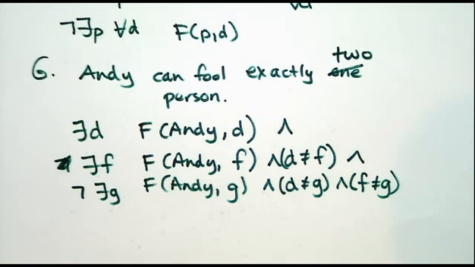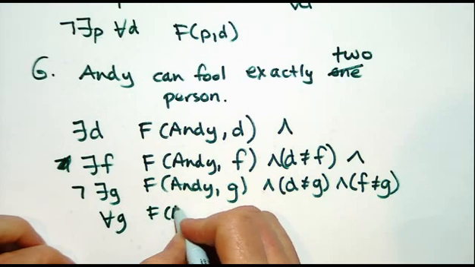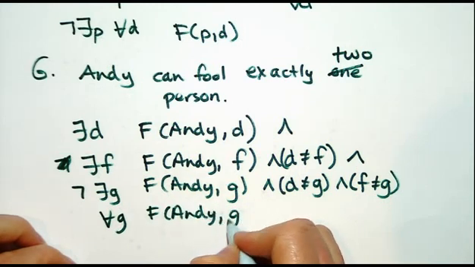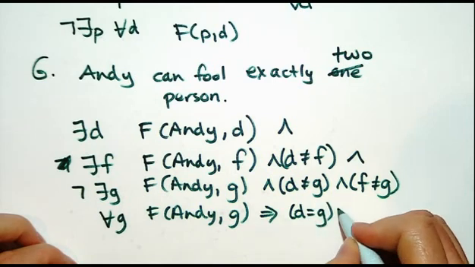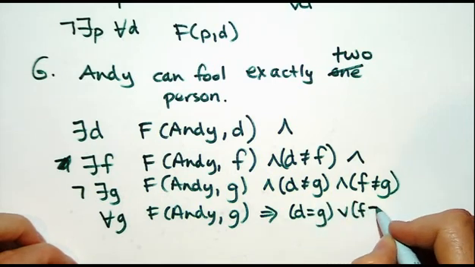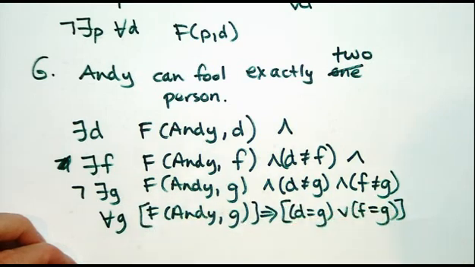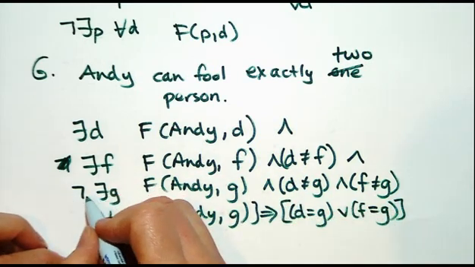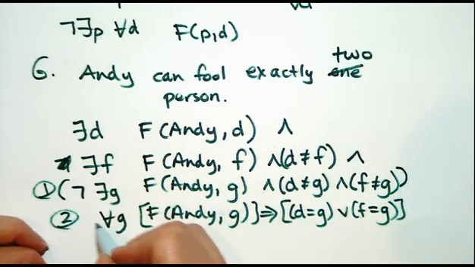The other way you can do it, if your brain works better that way, so this last statement can be rewritten to say that if there's a person that can be fooled by Andy, then they have to be D or F. So these two things, so line 1 and 2 are logically equivalent.